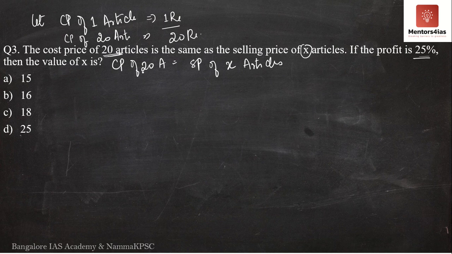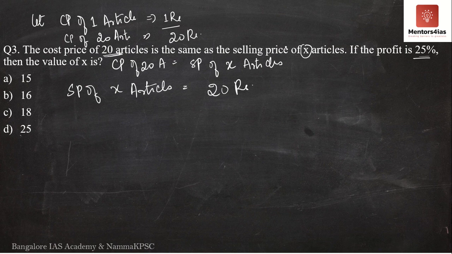Then based on the information given in the question, the selling price of X articles will also be 20 rupees. Now based on what the question further says, that if the profit is 25%, then the value of X is what?